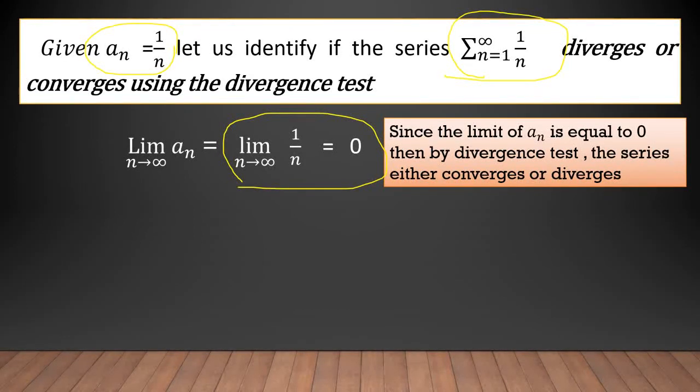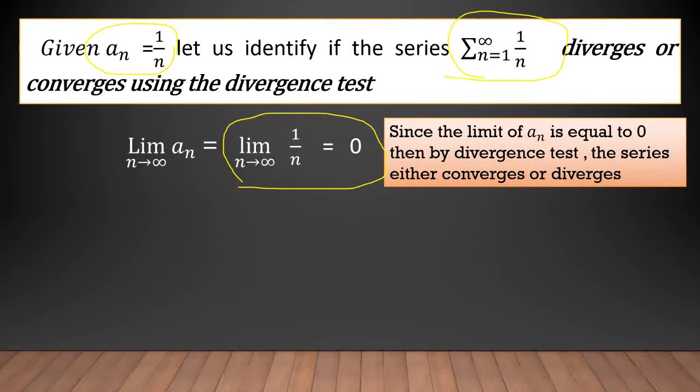Again, the divergence test will only guarantee us that if the limit of an is not equal to 0, then automatically the series is a divergent series. However, if the limit of an is equal to 0, it doesn't guarantee us that automatically the series is convergent.